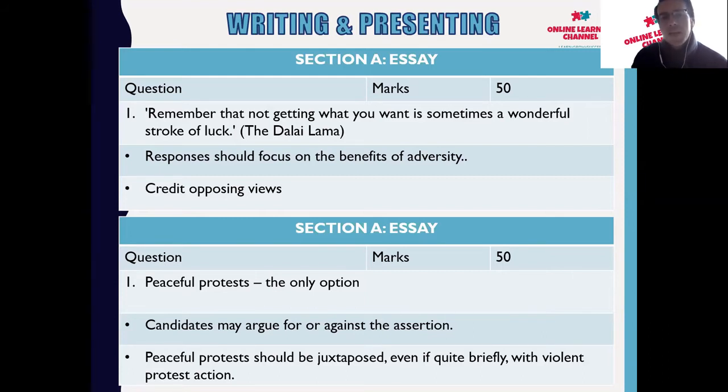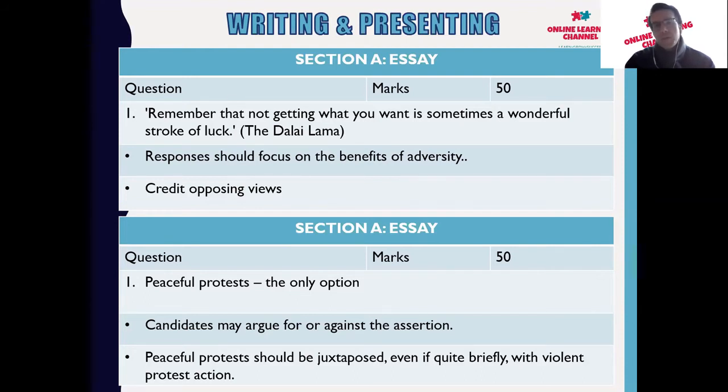So in this particular case, just a suggestion, just a couple of points that I'd like to share with you in terms of how you could take on this essay. Your responses should focus on the benefits of adversity. So anything that perhaps you have experienced when it comes to adversity, or that you have seen others experience, that's essentially what you should be focusing on when it comes to the central theme, because in many respects that adversity has often resulted in more positive experiences or more positive outcomes further down the line.